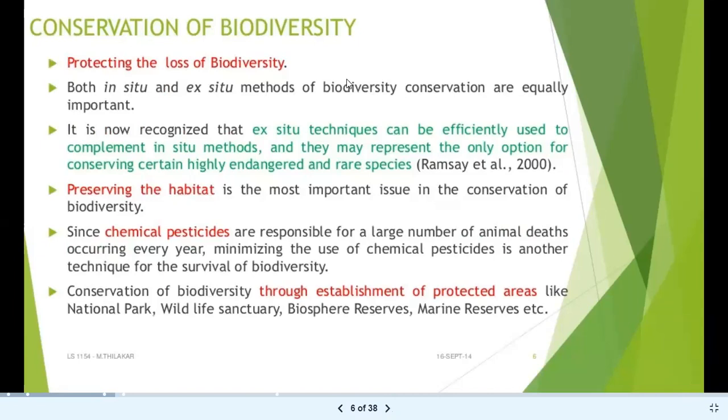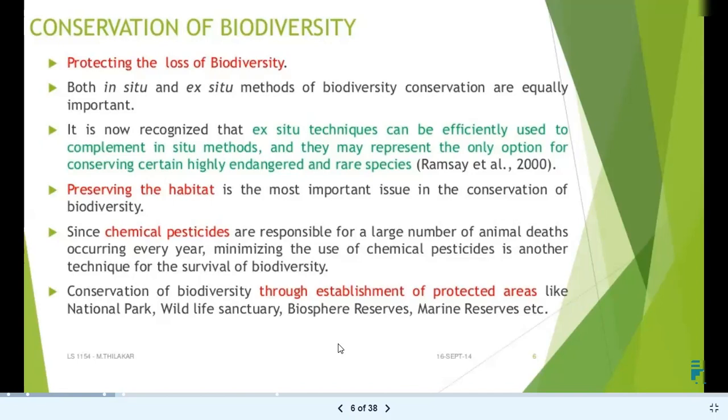Second, it is now recognized that ex situ techniques can be efficiently used to complement in situ methods, and they may represent the only option for conserving certain highly endangered and rare species. This is a report of 2000 by Ramsey et al. Third, preserving the habitat is the most important issue in the conservation of biodiversity.